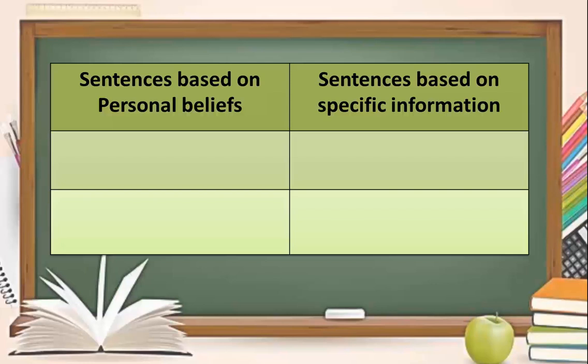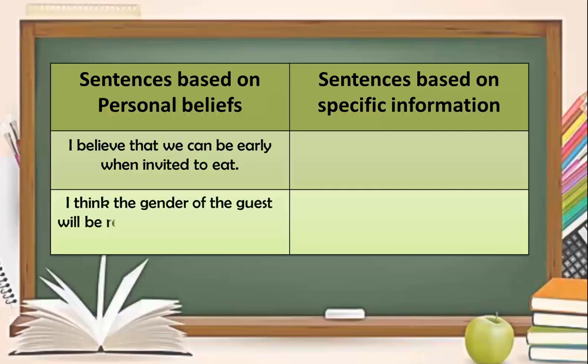And in the second column, we place the sentences based on specific information, or what we call convictions. Let us see which statements are beliefs. I believe that we can be early when invited to eat. I think the gender of the guest will be revealed by the dropping of the utensils. Great! These statements are beliefs.